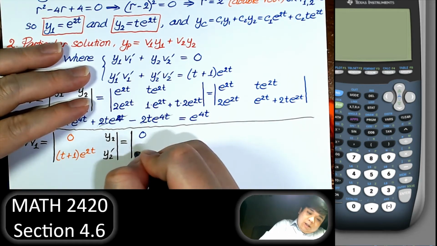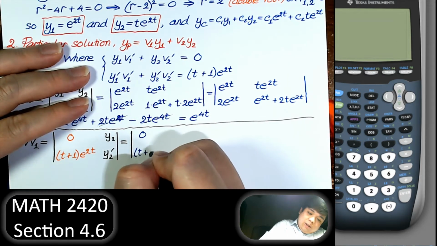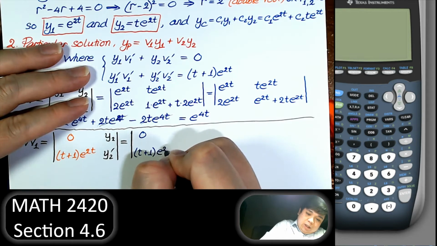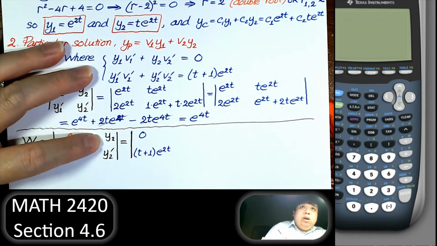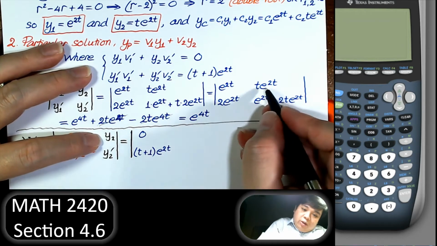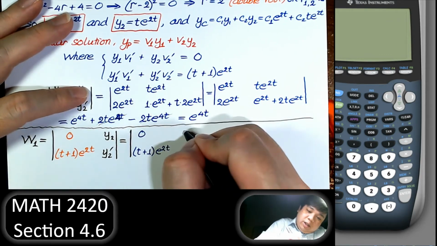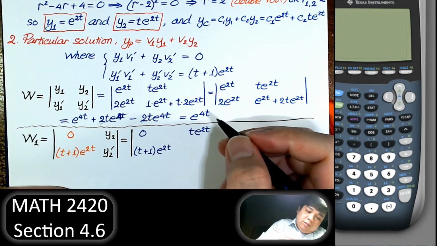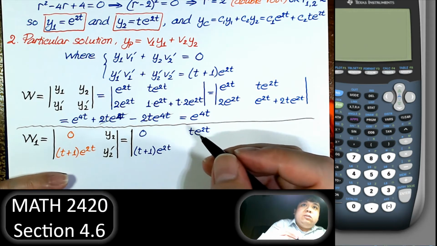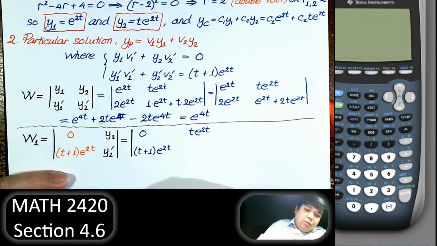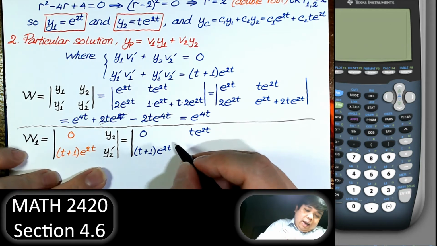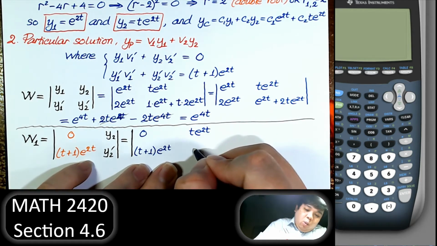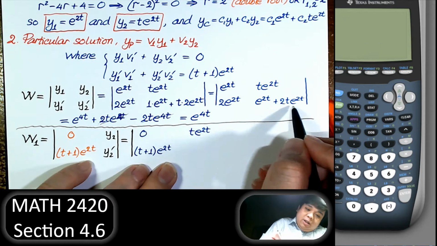Zero and t plus 1 e to the 2t. Y2, what is y2? Oh, t e to the 2t. And then y2 prime is going to be this.